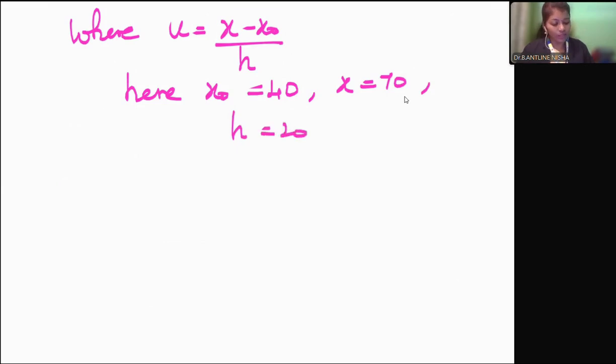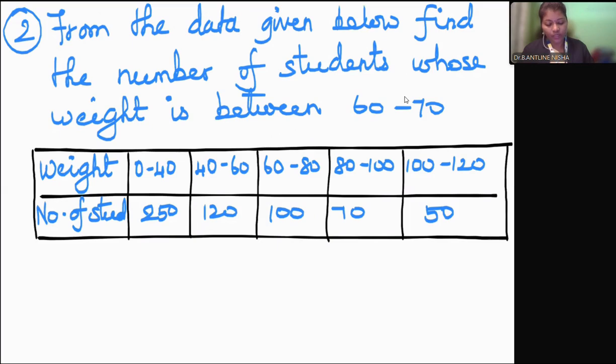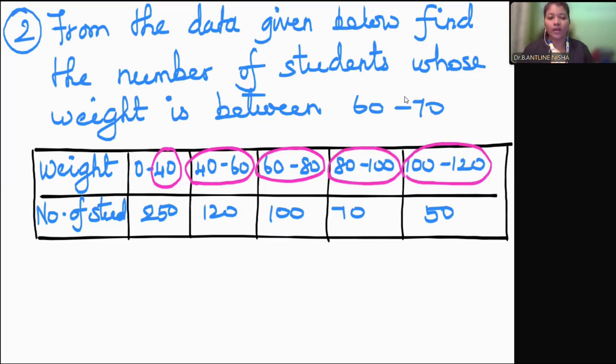Let us go back to the question and see. Here x naught is taken as 40 and the difference between each x value is 20, and x value is taken as 70. For this we are going to apply Newton forward interpolation formula.